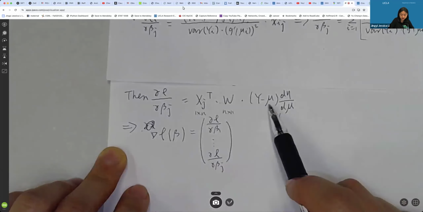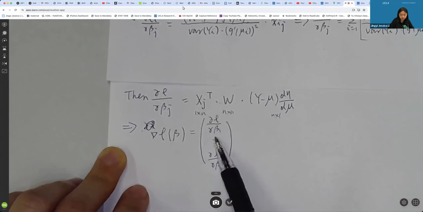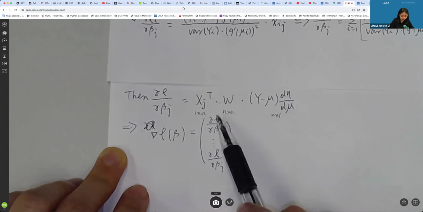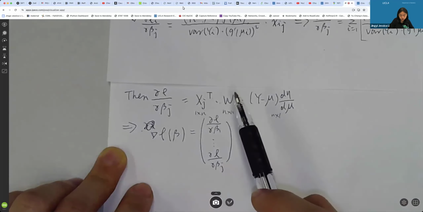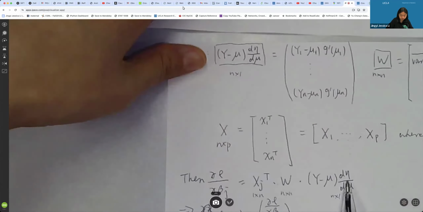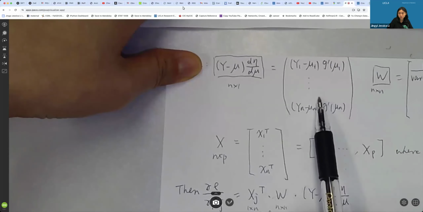I could also write it as the transpose of this one times xj. But the reason I write it this way is that I want to stack xj by row. So you see what happens here is that only xj is related to j, the jth predictor. W is not specific to j. This is not specific to j. If you look at the definition here, this includes just y1 to yn, mu1 to mun.